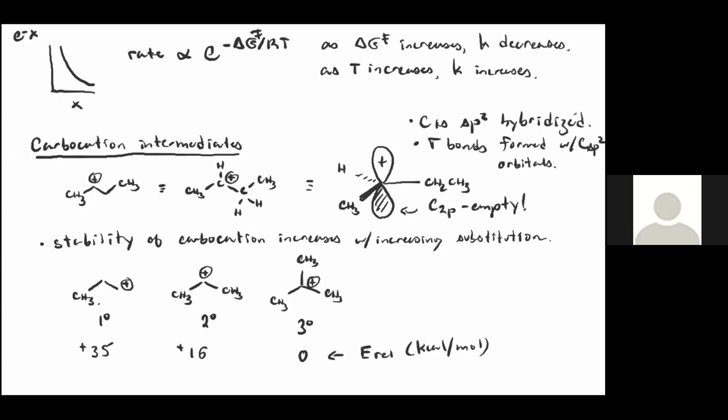The question is, where does that stability come from? And this is where hyperconjugation comes into play. So I'm going to give it to you in sort of an orbital diagram.